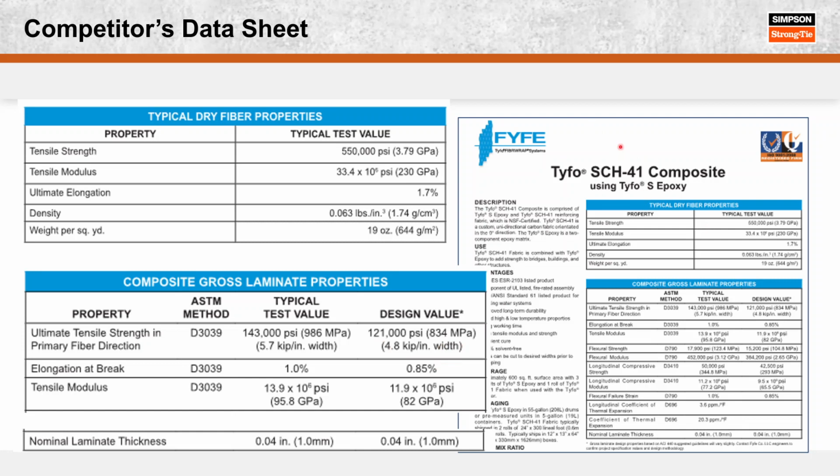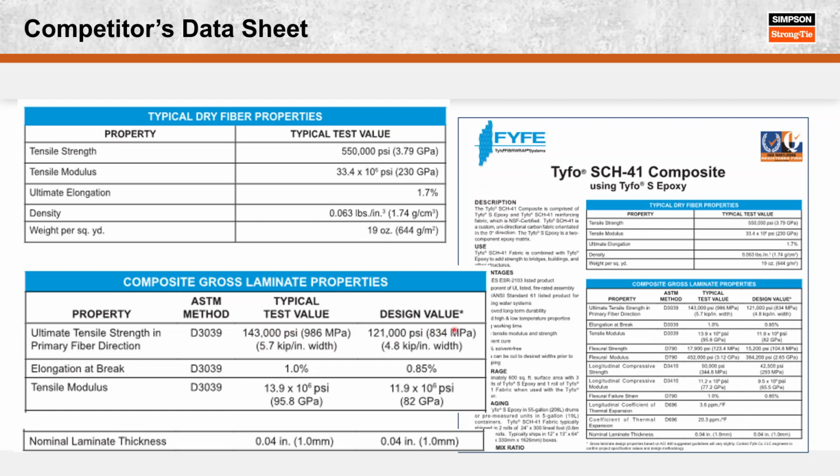One thing that's kind of weird that Fife does, and some of our other competitors do, that we don't think is necessary, is provide this column. It says typical test value. Other than if someone is interested in what this is, there's no reason to have this.